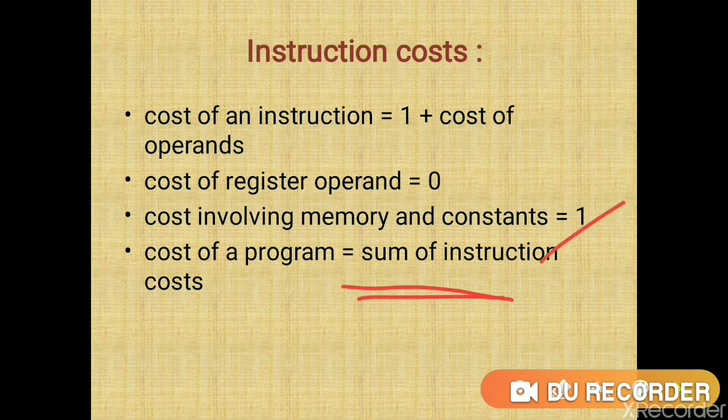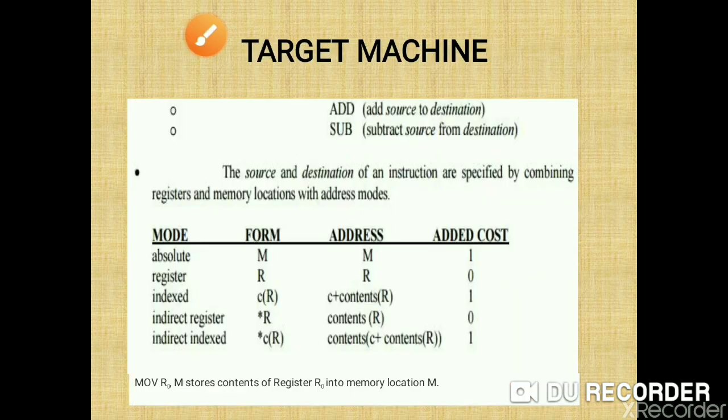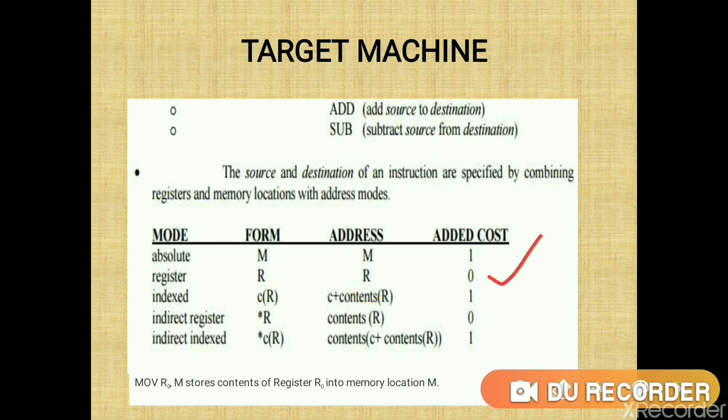Now we will see the previous one. Here if register R is involved, its cost will be directly 0, right? Similarly for indirect register also, if it is only involving the register R, here also the cost is 0. What is the next rule? If a variable or a memory is involved, the cost will be 1.